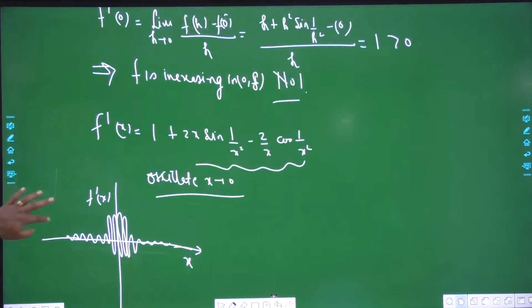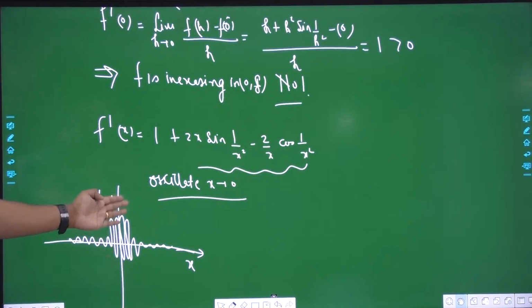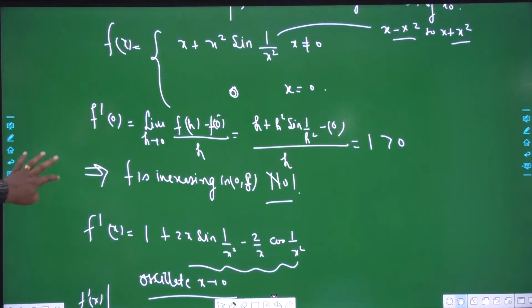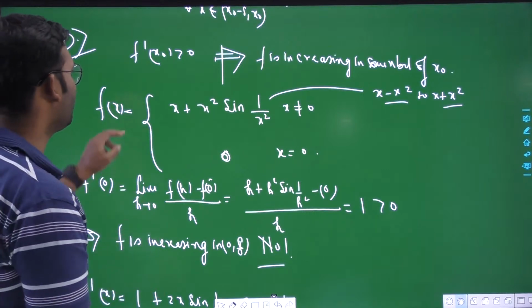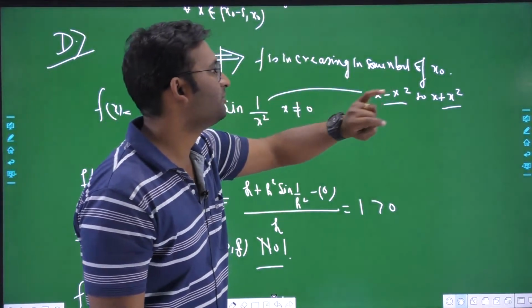So I cannot say f dash x is positive or negative because it is going up and down and up and down. Since it will oscillate, in the neighborhood I cannot have any clue whether the function is increasing or decreasing. So with all certainty, I cannot say that whenever f dash x naught is greater than 0, it implies f is increasing in some neighborhood of x naught.